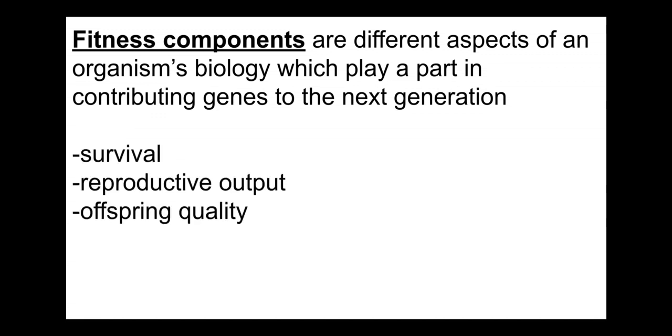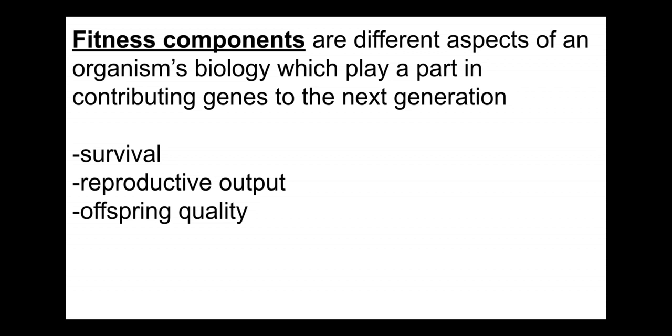So this can be a simple one, such as just surviving to being old enough to reproduce. The only way you can pass your genes on into the future is that you survive. Also, the number of offspring you produce. The more offspring you produce, the more opportunities you have to push genes into the future generations. However, those offspring themselves have to survive long enough to reproduce.